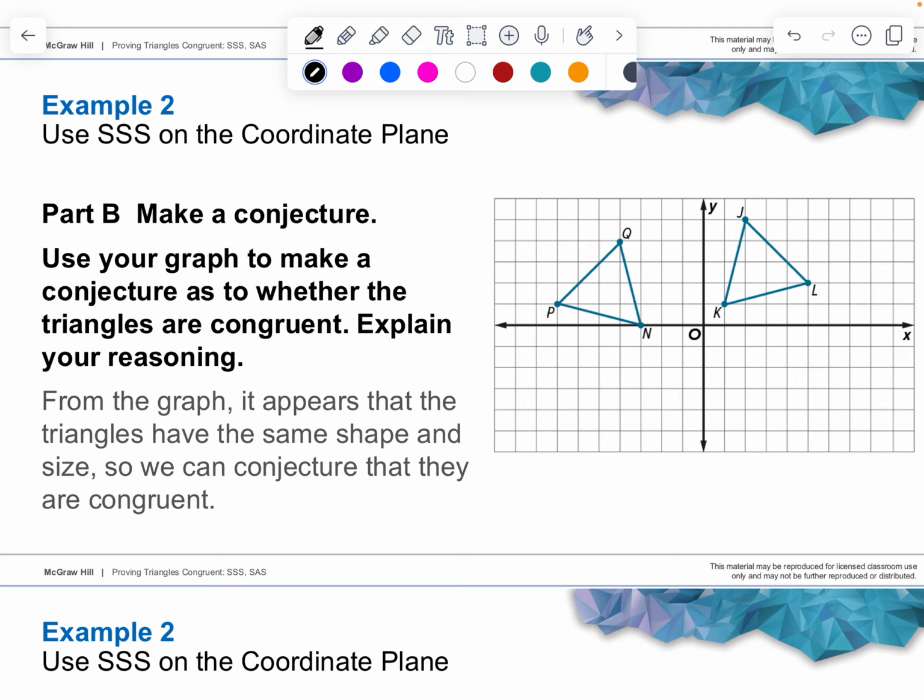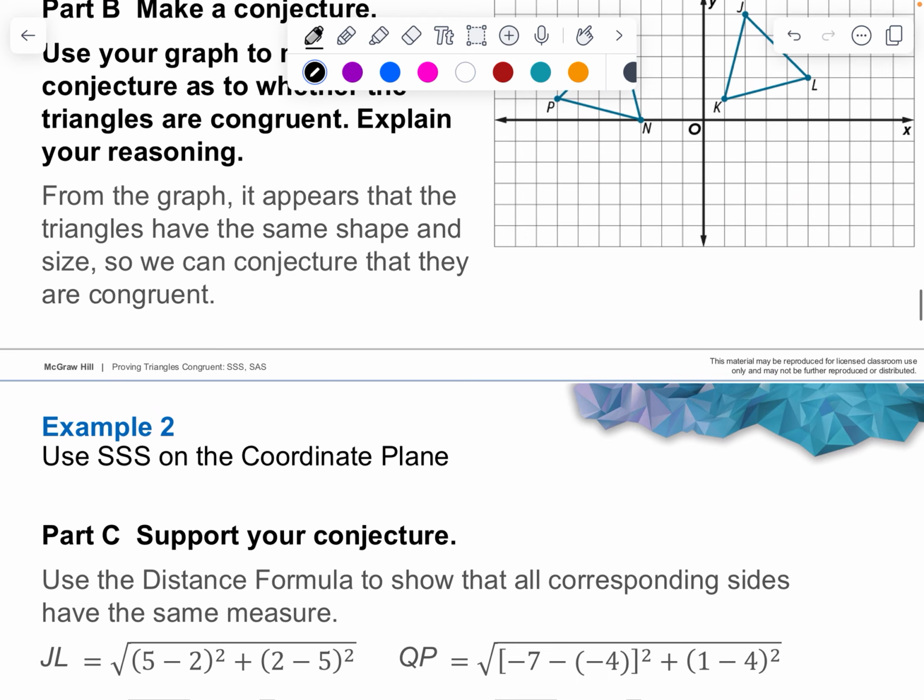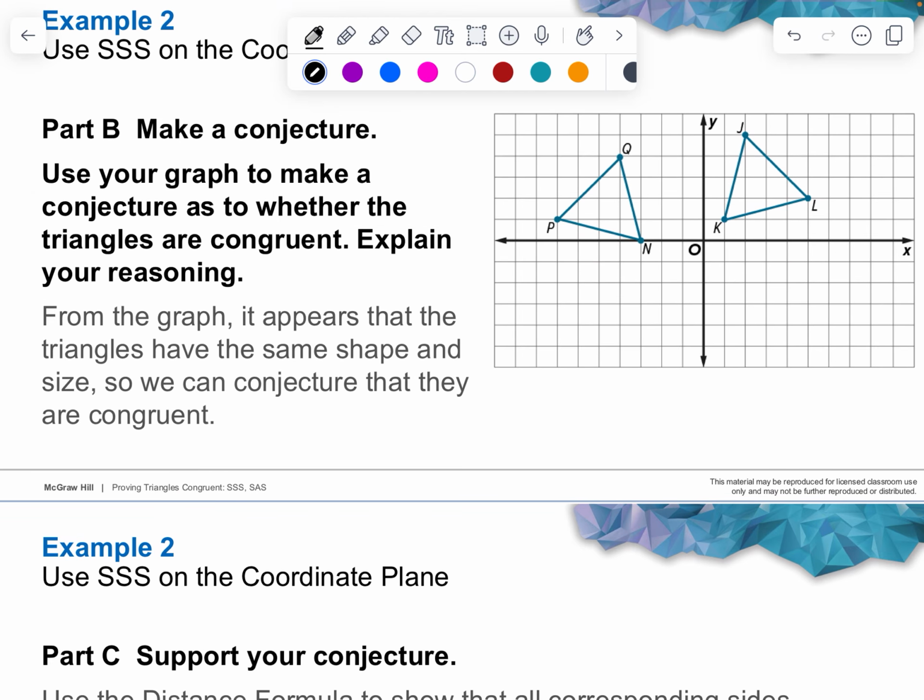So use your graph to make a conjecture as to whether the triangles are congruent. Sometimes you can look at it and be like, no, not congruent, moving on. But this one, they kind of look like they're the same shape and size, so I think they might be. So I guess I'm going to have to do some math. You can't just say yes, you have to actually do some math and then support my conjecture. So I'm going to have to do some distance formula. I'm going to have to find the length of each one of these sides.